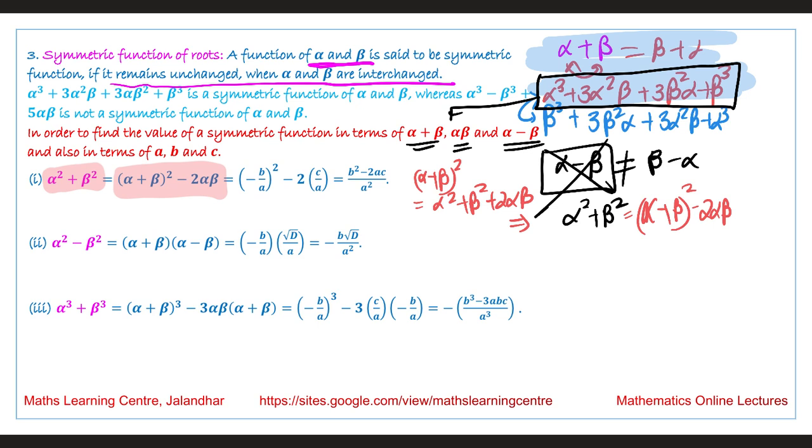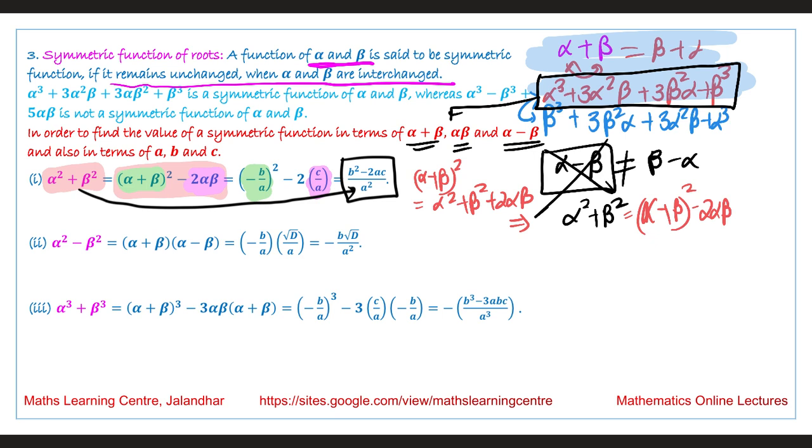And we know that if alpha and beta are the roots of the quadratic equation, then the value of alpha plus beta is minus b by a, and the value of alpha into beta is c by a. So if we substitute these values, we obtain that the answer is b square minus 2ac over a square.